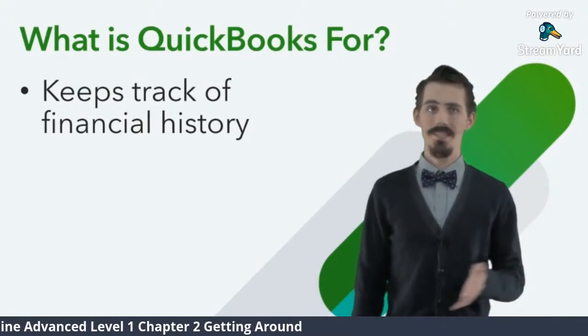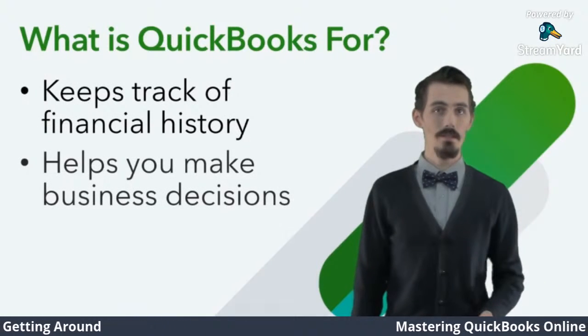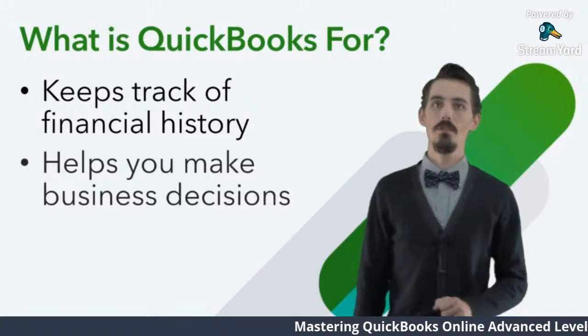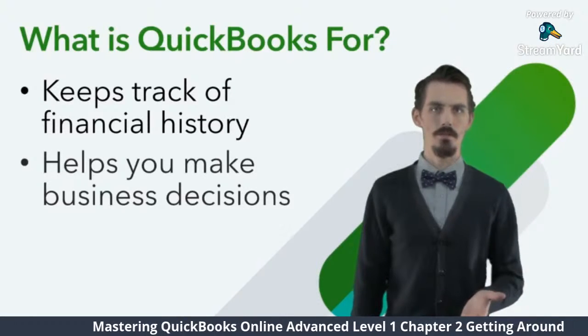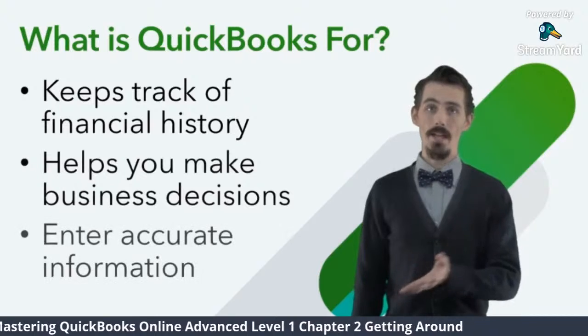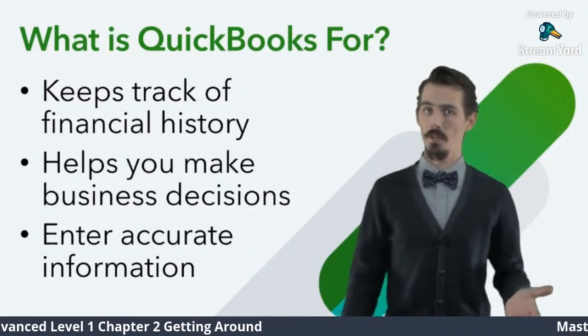So, what is the end goal of QuickBooks? To help you make business decisions and to navigate your company's financial future. How do transactions fit into this goal? If you accurately track your transactions, then you'll end up with an accurate financial history.